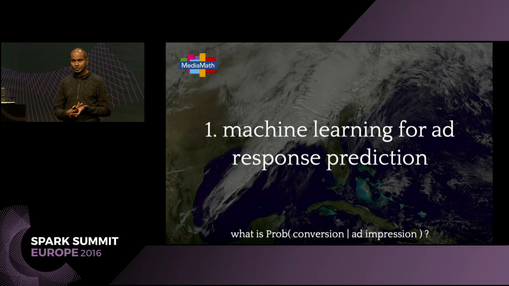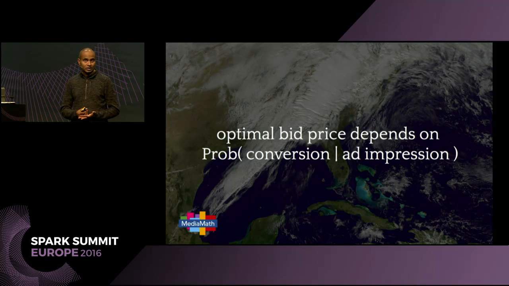It could be a subscription, it could be a purchase, it could be a click, or anything else that's important to the advertiser for the ad campaign. Predicting this probability is important because it's a crucial component that informs the bidding price decision. The higher this probability is, the more valuable this impression is to the advertiser, and therefore the higher they should be willing to bid in the ad exchange.